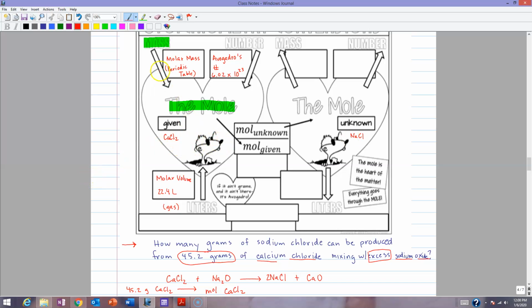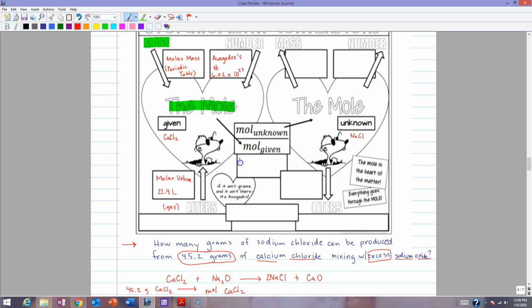Once I go from mass of calcium chloride to moles, then I can use the balanced equation to give me the molar ratio between calcium chloride and sodium chloride.